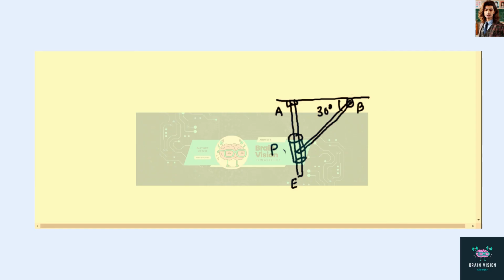As shown in the figure, two rotating rods in a vertical plane are connected by the slider block P of negligible mass. The rod attached at A, AE, has a mass of 0.8 kg and a length of 160 millimeter, that is 0.16 meter.